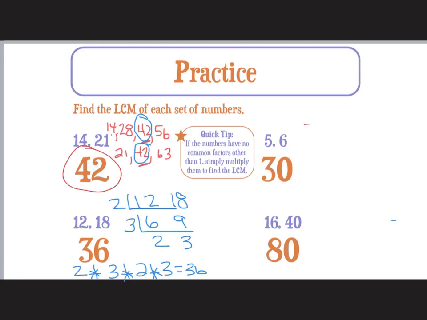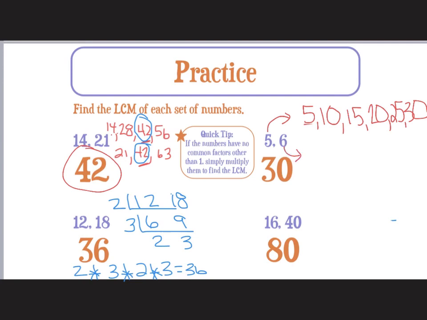So let's use the list method for 5 and 6 as well. So 5. 5 times 1 is 5, right? So it's 5, 10, 15, 20, 25, 30. I ran out of space. I'll stop.